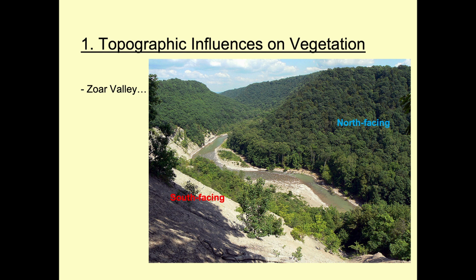You can actually see the leaves are of a different shade on this south-facing slope, and you can definitely see a lot more bare rock. So this south-facing slope receives more sunlight. It is more water limited. Thus, you have different plant assemblages and you have different densities of plants.